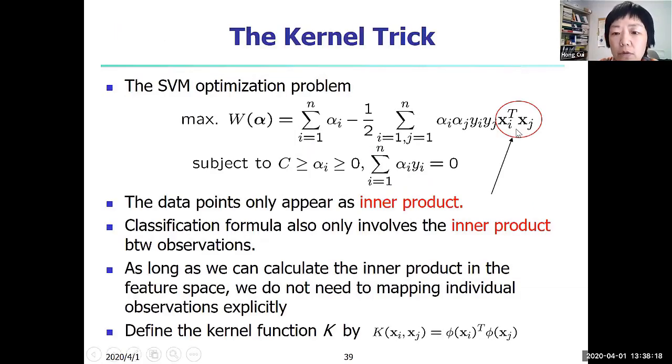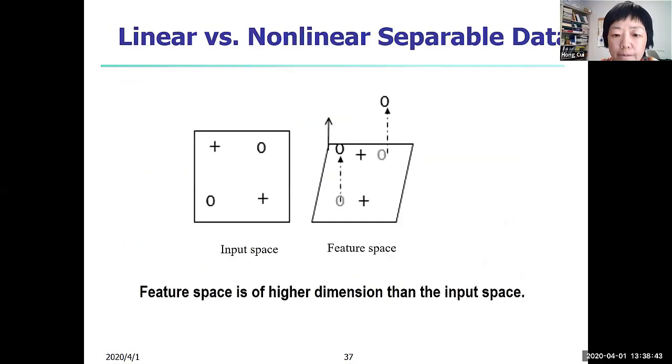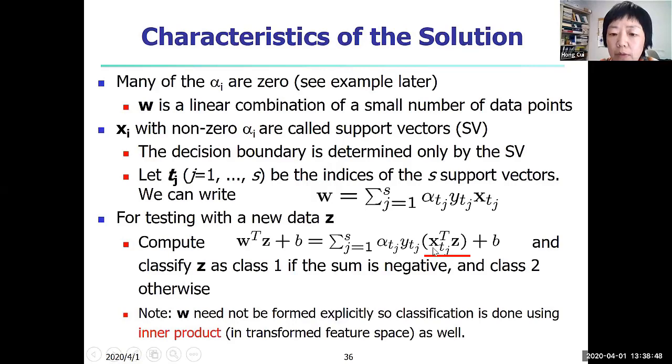However, remember that we made an observation earlier that in SVM, during training, the optimization problem is dependent only on the inner product of two observations. And the decision function that we saw earlier, which is here, is also dependent only on dot products.